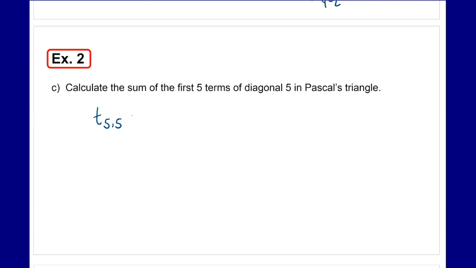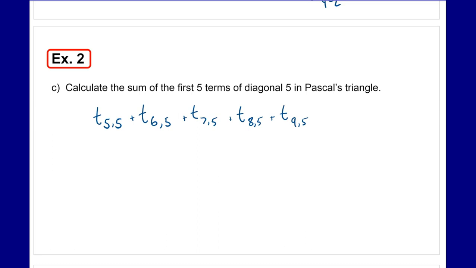So that's the first term plus the second term: 6, 5, 7, 5, 8, 5, 9, 5. Oops, one too many. So I have 5 terms starting at 5, 5, then going down a row, but the position number is staying the same.